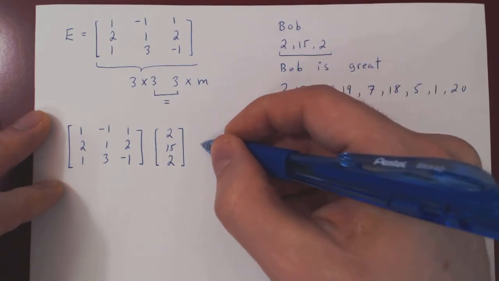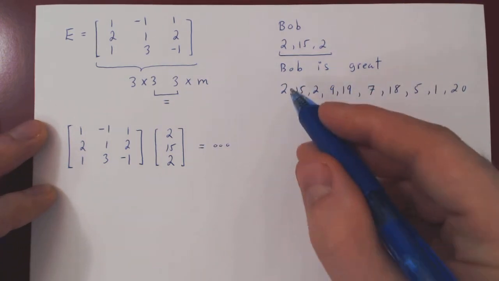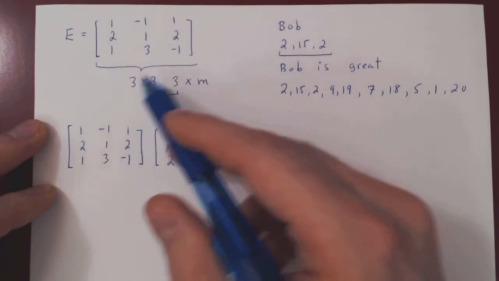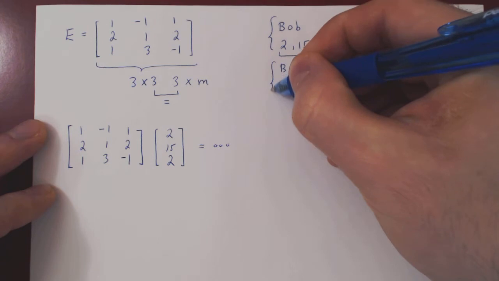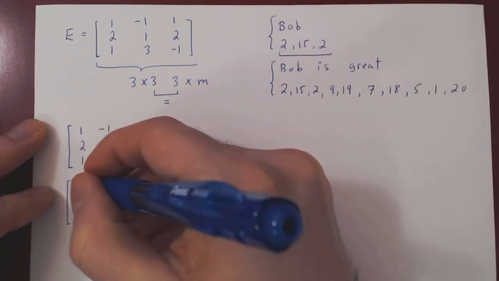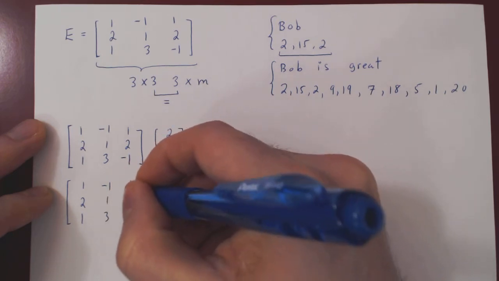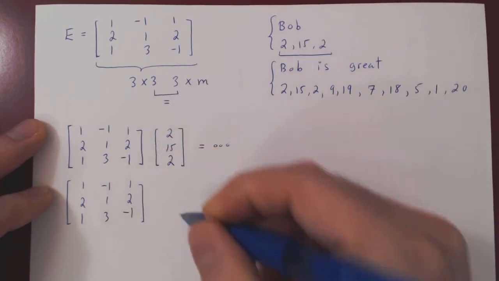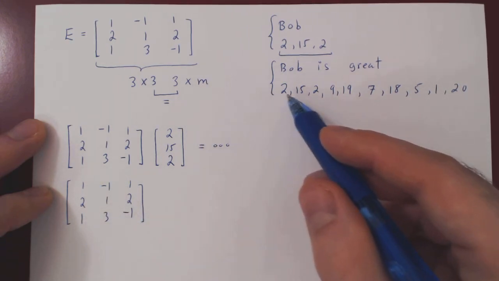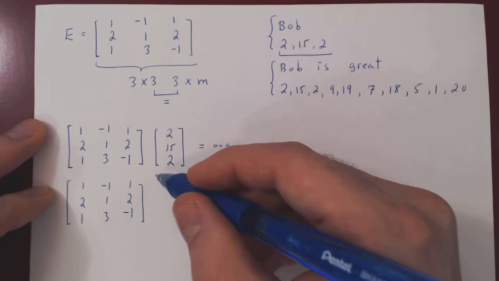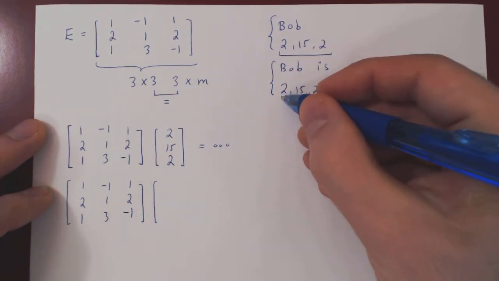And I will let you perform these calculations. What about now encoding with, again, this encoder matrix, the message Bob is great? Again, our matrix is 3 by 3, so we need to rewrite our string of numbers into a 3 by m matrix. So we have to group them 3 at a time.